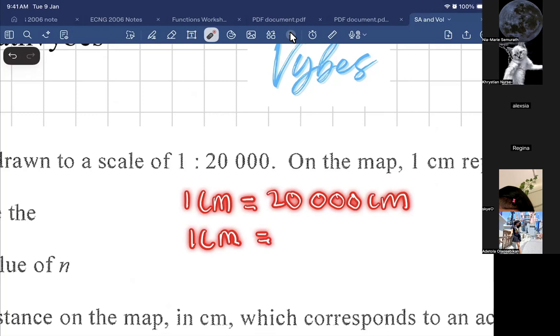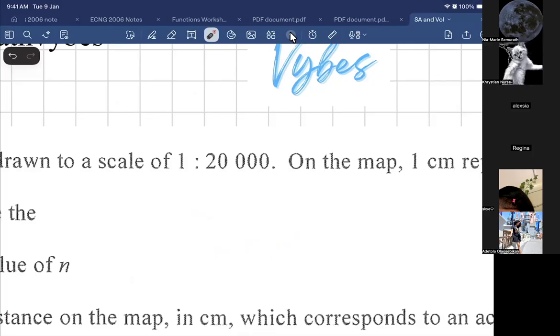Since it takes 100,000 centimeters to make 1 kilometer, when I divide, I'm not going to get 1, I'm going to get 0.2.